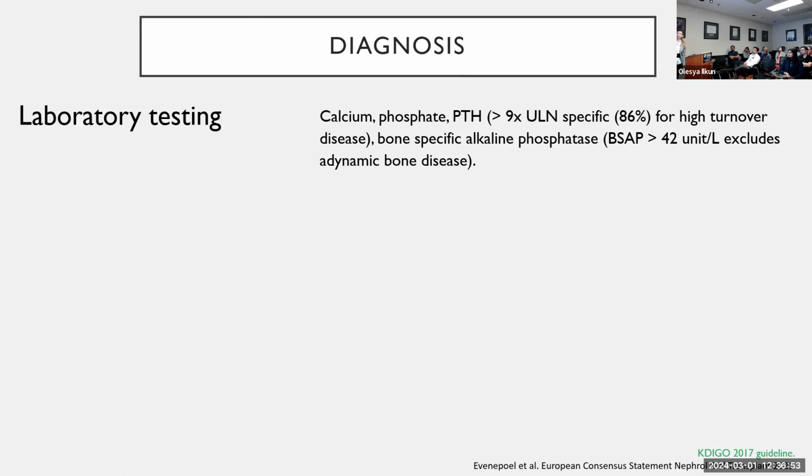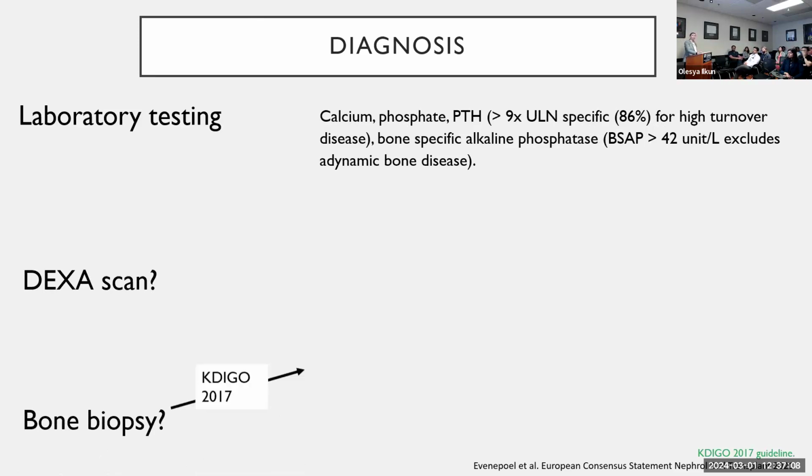This is why we have both of these tests, and together they can help us guide the therapy. If PTH alone is not enough, should we do a bone biopsy? If we're not sure, if PTH is intermediate, if BSAP is intermediate.